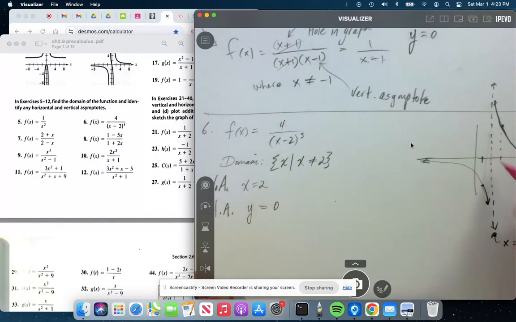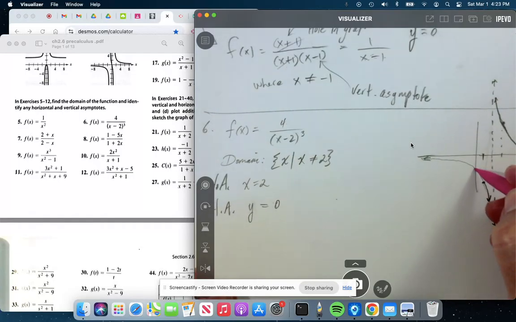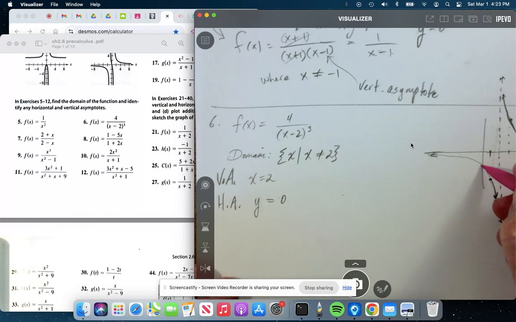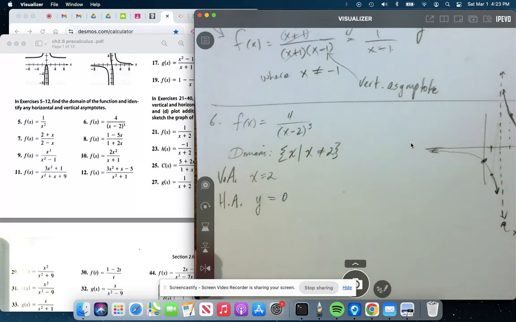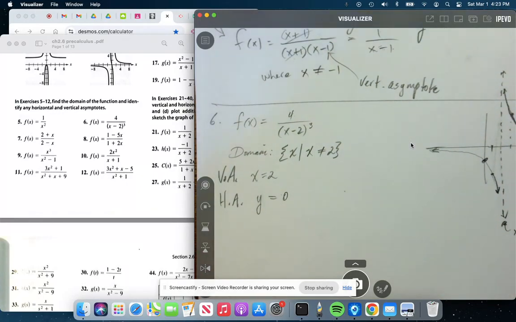Now, I could also find this, even though I'm doing a lot more than the question asked, but I want to teach more than one thing at a time here. So, what about this point? How do I find that? I find that by making x 0, because x is 0 everywhere on the y-axis.